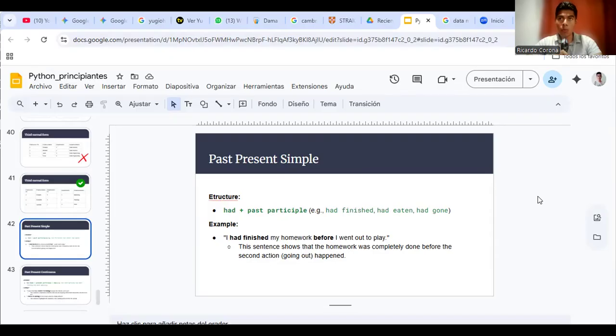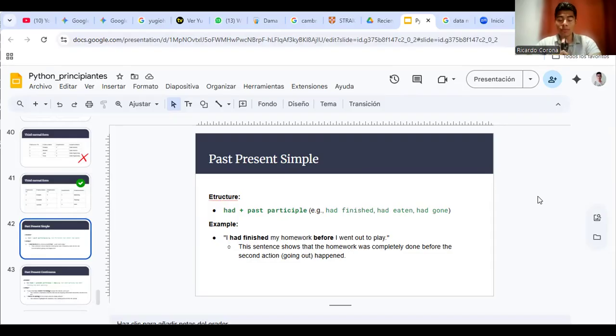In the past, we add ed at the end of the verb in some cases, but other verbs have other forms in the past tense.